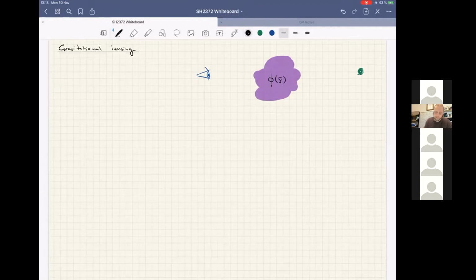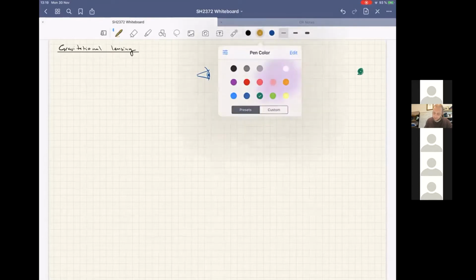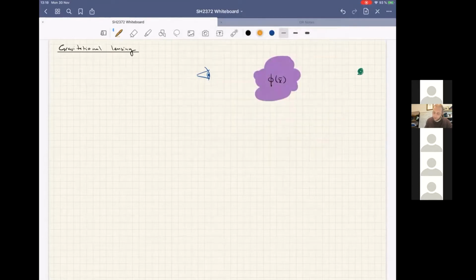And the idea is that due to the gravity of this cluster, if you look at the light coming from this object here to the right, the light is going to kind of bend. So this observer is going to see this object in this direction, as if it was over here, rather than in the direction to where it is.